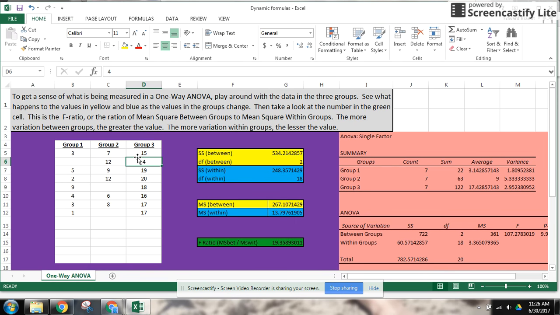I have the upper teens in the one set. I have the lower single digits in the other. And I think we have it rearranged now to where it was in the beginning. All right, and you can see now that the F ratio increased tremendously.